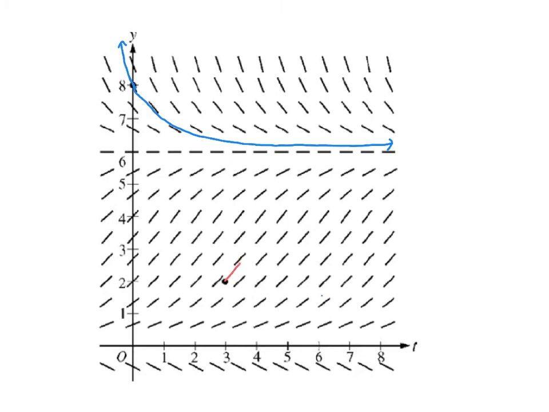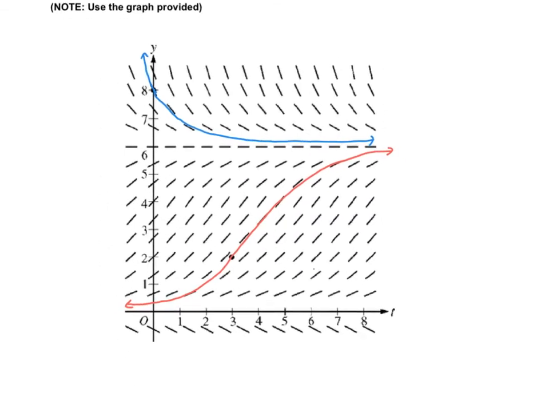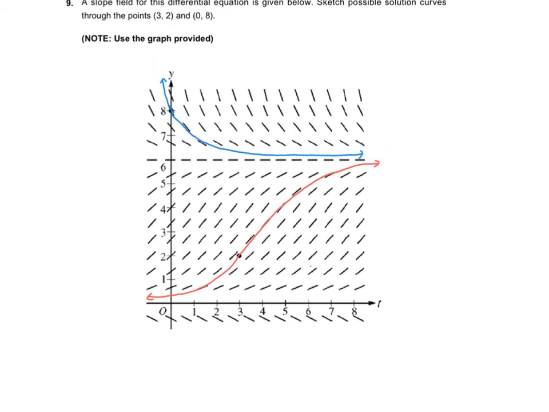And then this next one looks like it's curving this way, and then curves in the other way. Something like that. It doesn't have to be perfect, but it does have to be something like that. It has to be decreasing following an asymptote, and it has to be increasing to the left. And same thing, this one has to be following this asymptote and then following this asymptote. I think that's what they'll be looking for.